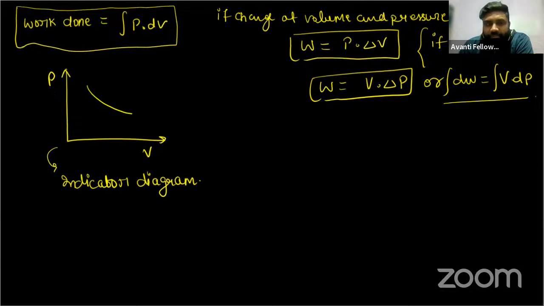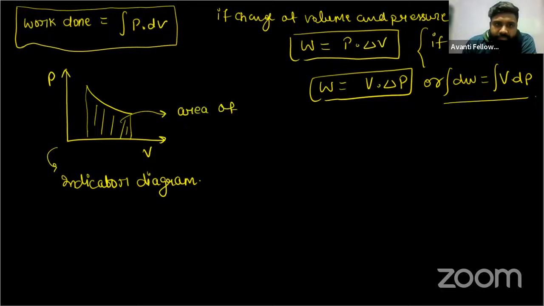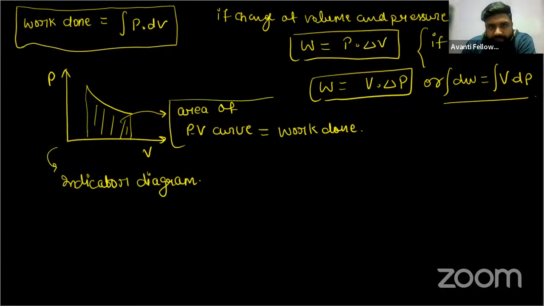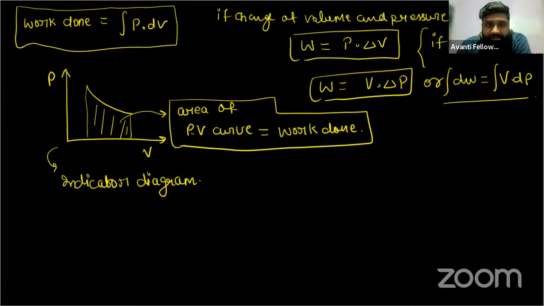If this is the variation of pressure with volume, then the area under this PV curve equals the work done, because whatever the change in pressure or volume, they multiply to give the area.